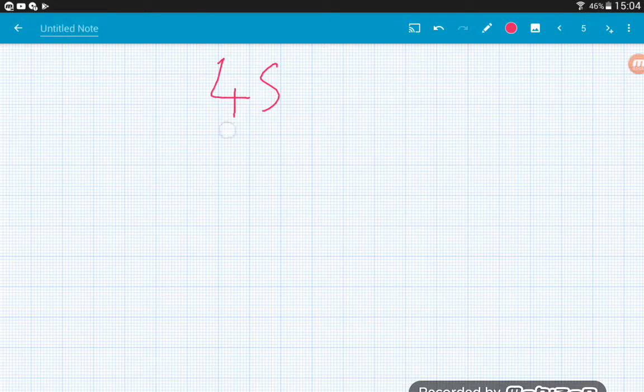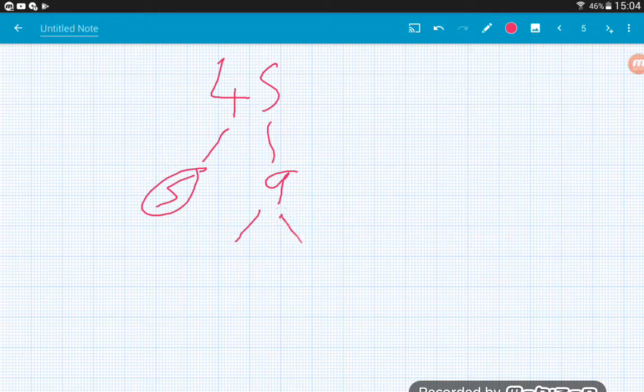Okay, what about if we go for 45? We want to express that as a product of its primes. 5 goes into 45 9 times, since 9 times 5 is 45. 9 isn't a prime. We can write 9 as 3 times 3.